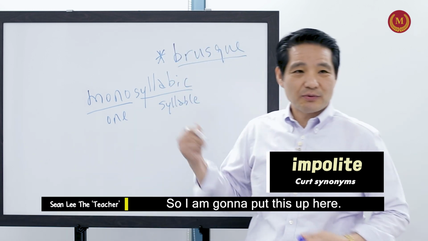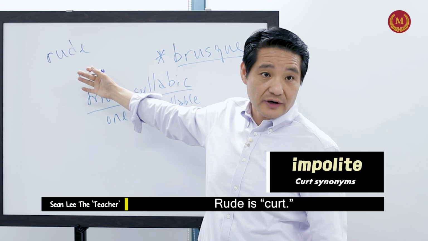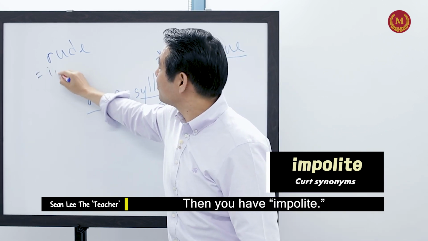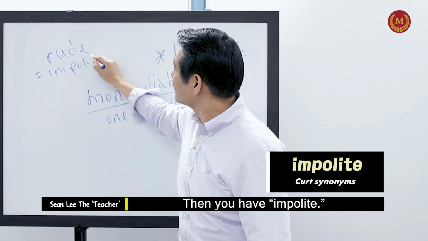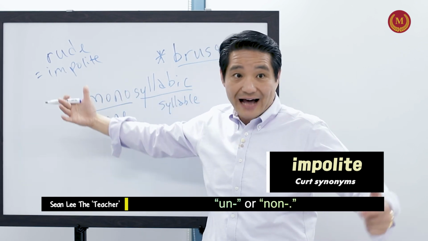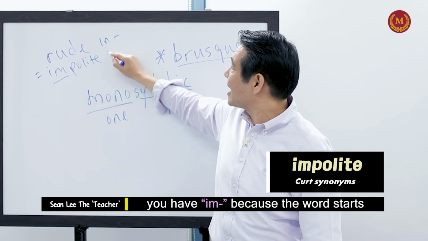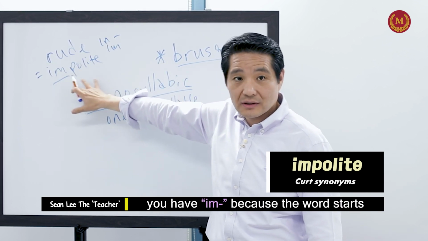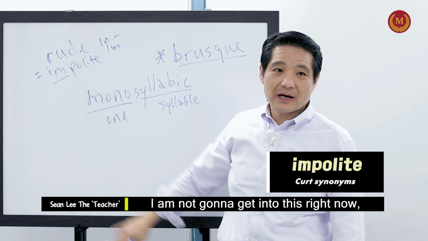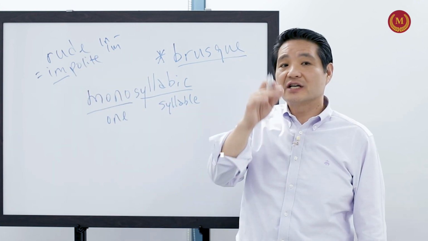Discourteous. So I'm going to put this up here. Rude is curt, right? Then you have impolite. This im is a prefix meaning un or non. Because it's P instead of IN, you have im because the word starts with P, right? I'm not going to get into this right now, but it's the same thing, okay? Then you have discourteous.